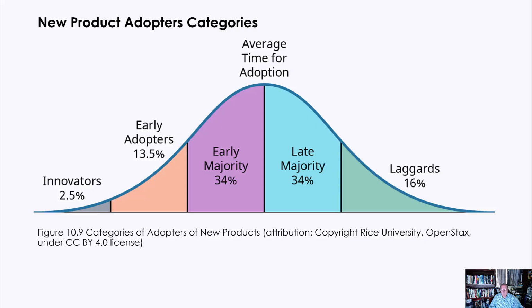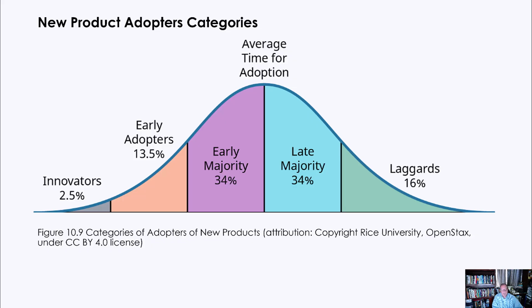But we had to capture the early majority, 34%, in order to be able to earn the trust of the late majority, because the late majority are going to follow whoever the most popular product is that's out on the marketplace. In almost all cases, they're just going to go buy what everybody else is buying.